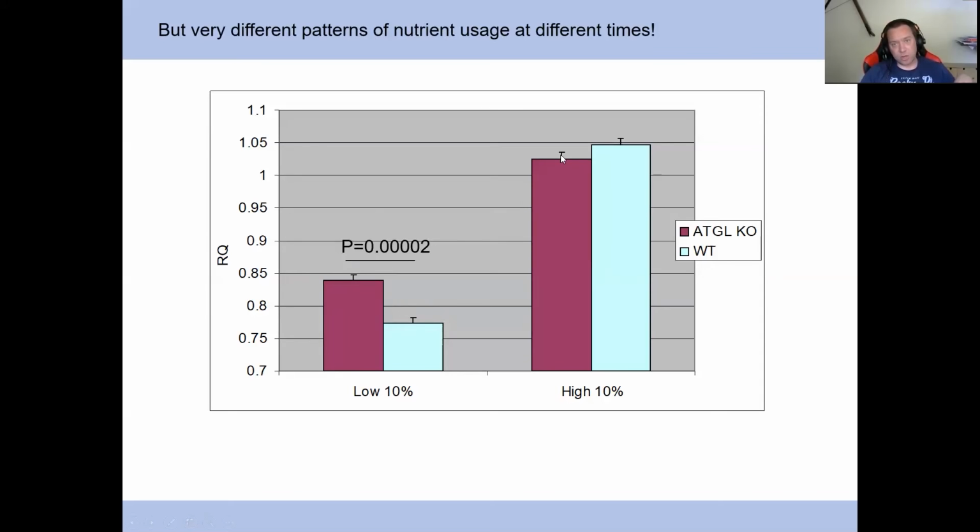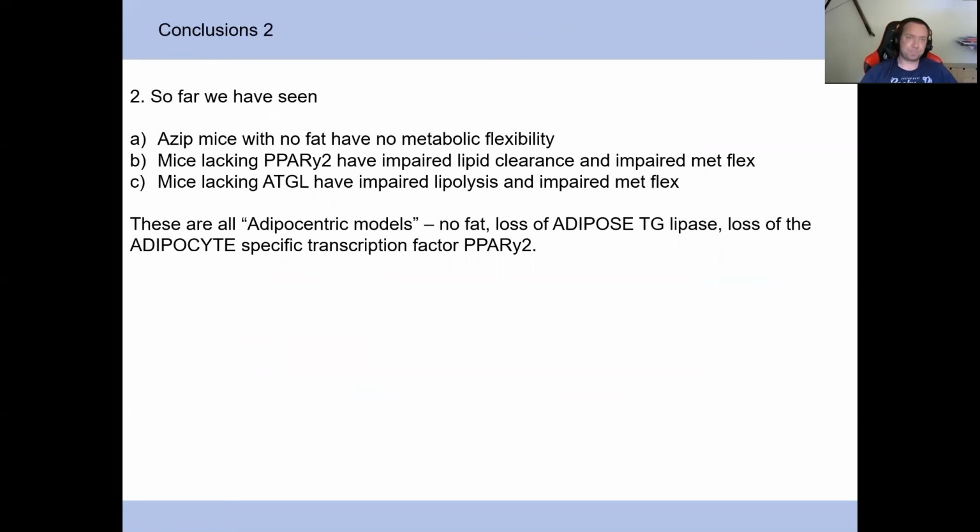And although it doesn't quite reach statistical significance, with a P of 0.07, their higher values tend to be lower as well. So even though all we've done is hit a lipase, there seems to be some crosstalk between the process of lipid uptake and lipid release. And if we impair either uptake, clearance, or we impair lipid release, then we will mess up metabolic flexibility.